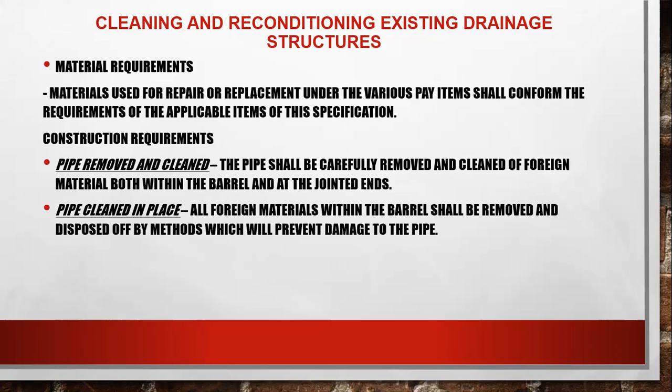All foreign materials within the barrel shall be removed and disposed of by a method which will prevent damage to the pipe. In this requirement, we should clean the area where the pipe is placed, because of course the pipe is easily broken and damaged. So we should clean the place of the pipe to prevent damage to the pipe.